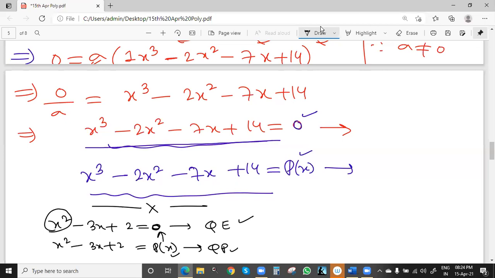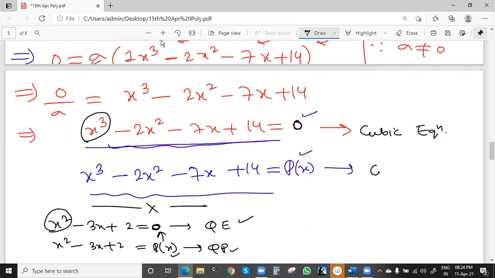Similarly, if we have right hand side 0 for this equation, it is a cubic equation, and otherwise a cubic polynomial. Very basic, but we have to remember. From a cubic equation we obtain zeros value: a total of 3 zeros, or 3 roots, or 3 solutions, 3 values of x.